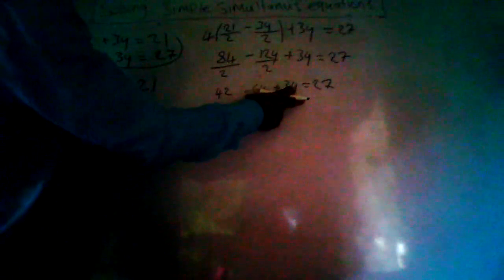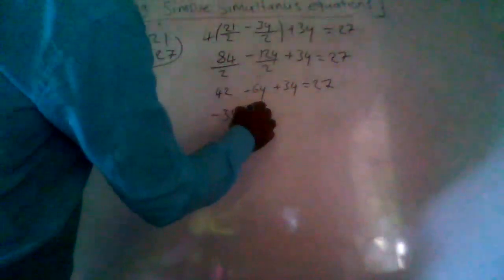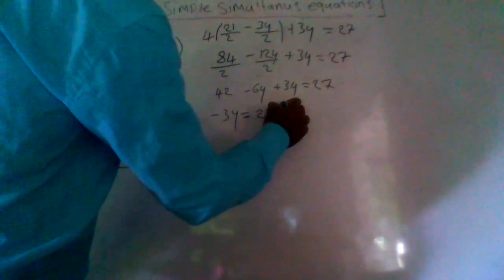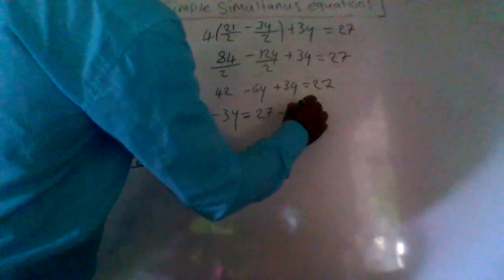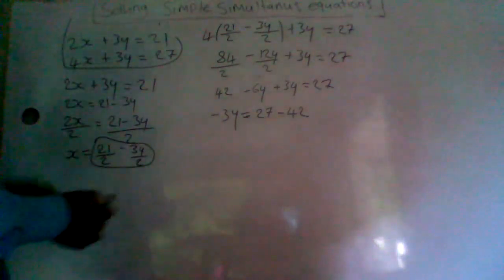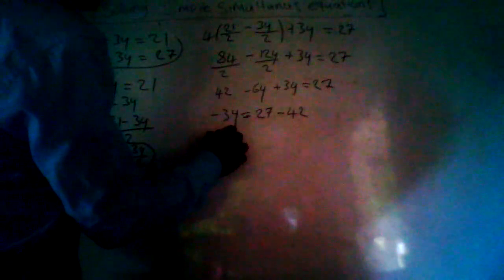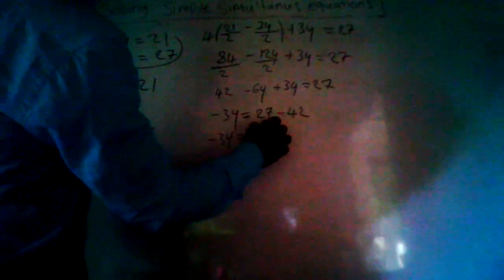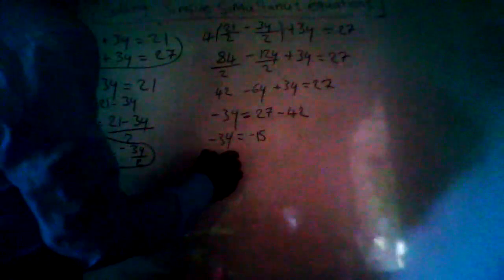So negative 6y plus 3y will be equal to negative 3y. And then we'll have this equal to 27 minus 42. Sorry. So therefore we'll have negative 3y equal negative 15.